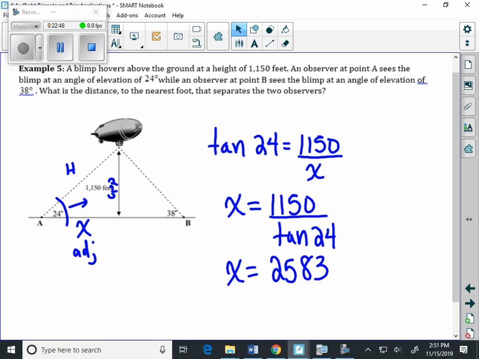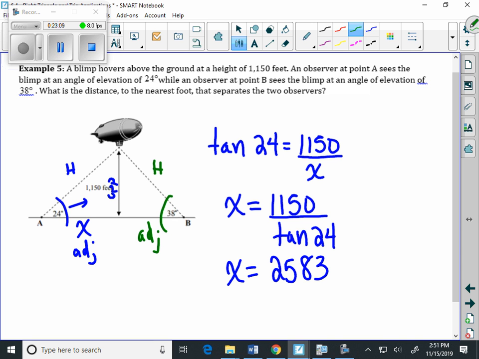Well, not only do we have to find that distance, but we need to look at over here. Because we're going to ultimately figure out the distance from point A to point B. So we're going to set up a function. The opposite is still correct. Our hypotenuse now is here. It's going to make this length the adjacent.